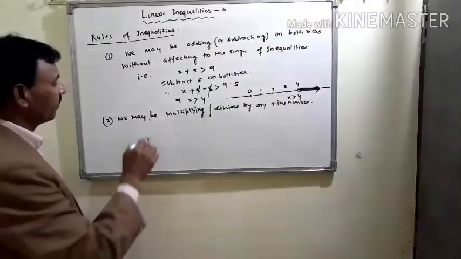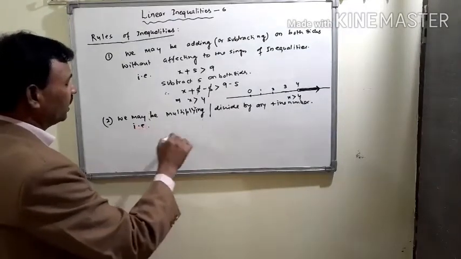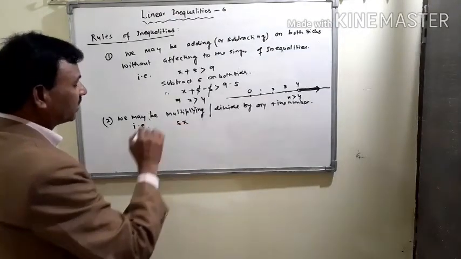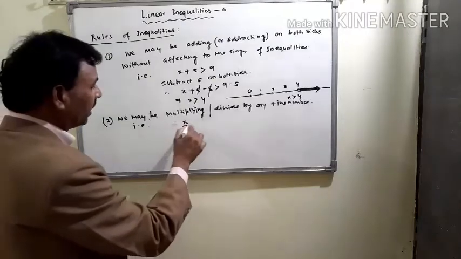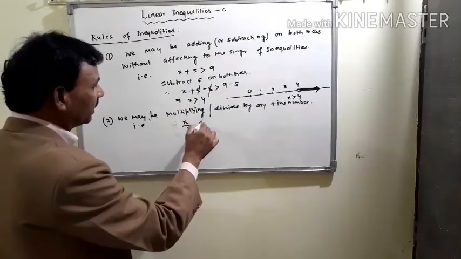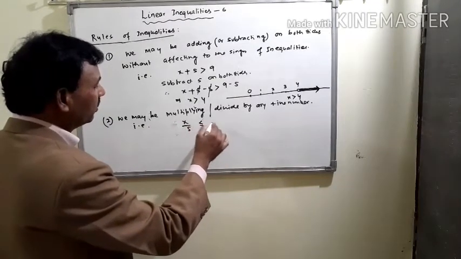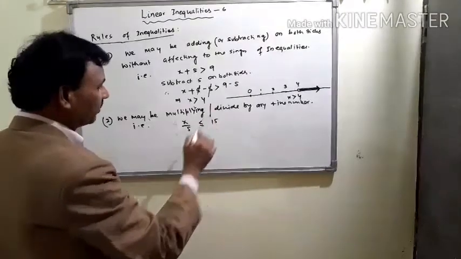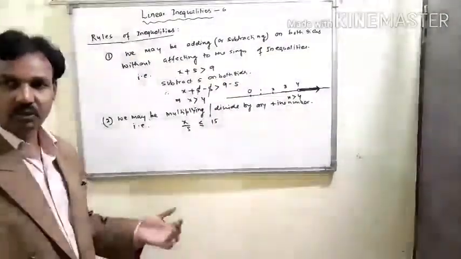That means, if x upon 5 is less than or equal to 15, then what will be the solution?